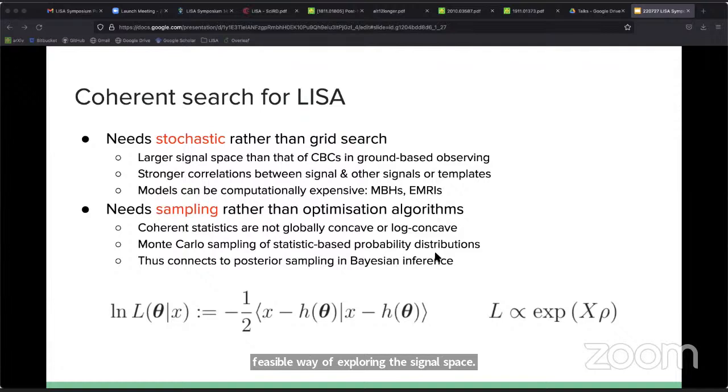In this way, search connects more naturally to inference in LISA signal analysis, because the Bayesian likelihood itself, shown here, is also a coherent statistic. In fact, on local scales, it has a very simple relation to X, as well as the optimal SNR rho.